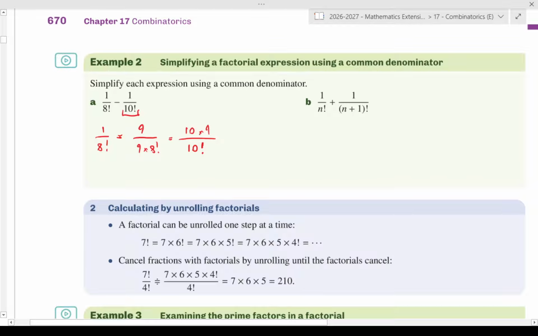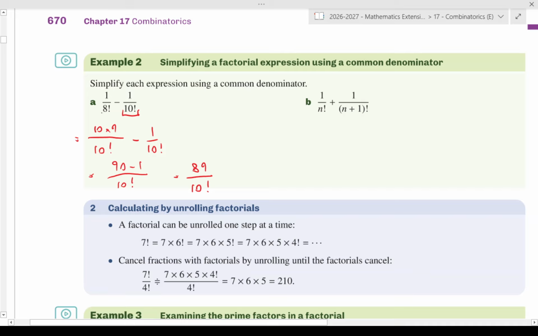So those are the same thing. So instead of 1 over 8 factorial, we will go, well, it's 10 times 9 over 10 factorial minus 1 over 10 factorial. And that's a much nicer thing. So we've now got 90 minus 1 over 10 factorial, which would give us 89 over 10 factorial. So hopefully that made sense.